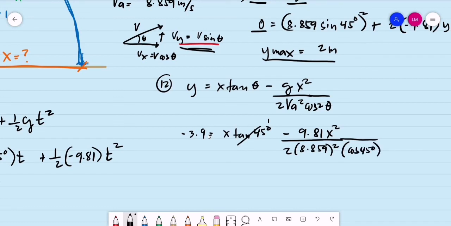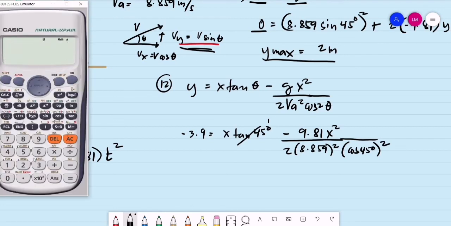Naka-squared din dapat ito. Yan, cosine squared theta. So, squared. So, solve natin. This is negative 3.9 is equal to, let's say this is alpha x.